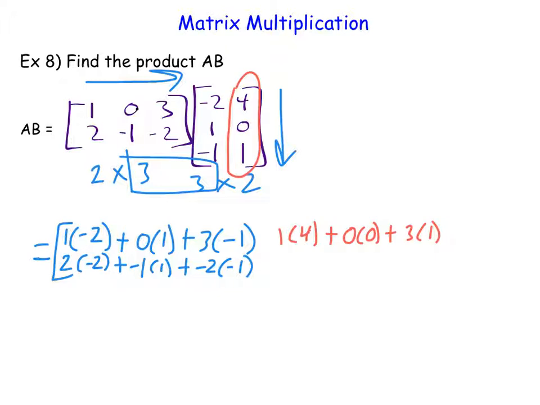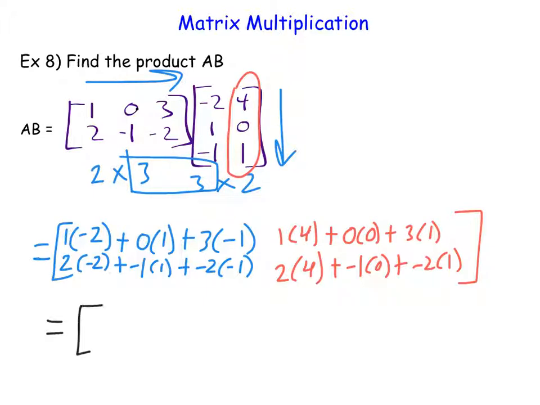And then we'll bump down and go 2 times 4 plus -1 times 0 plus negative 2 times 1. Should end up with a 2 by 2, so we'd have basically 4 little components of number crunching to do. Should come out to be negative 5, negative 3, 7, and 6. And there is our product.